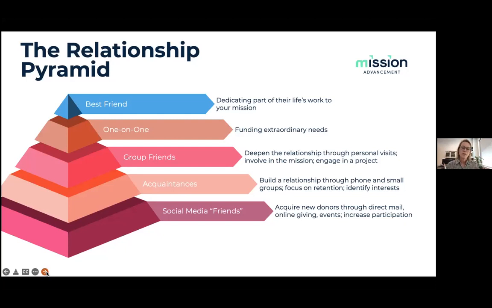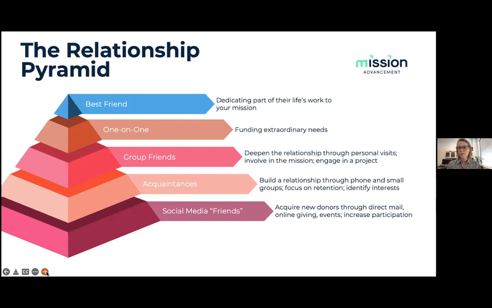So the higher they get on the pyramid, the key is the deeper the relationship is. They know you, they pick up the phone and they know who to call in the organization. Ideally, they're anchored with more than one person, but at least there is a personal connection and relationship with your staff and or board. And usually the investment or the philanthropy increases as the engagement increases.